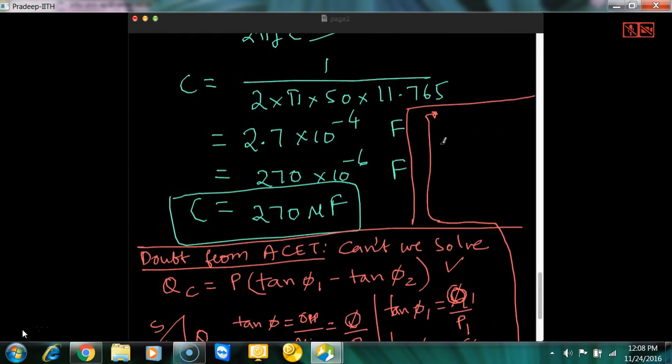Now QC is what? 100 kilowatt into tan of cos inverse of 0.8 minus tan of cos inverse of 0.9. So this is what we have to do.